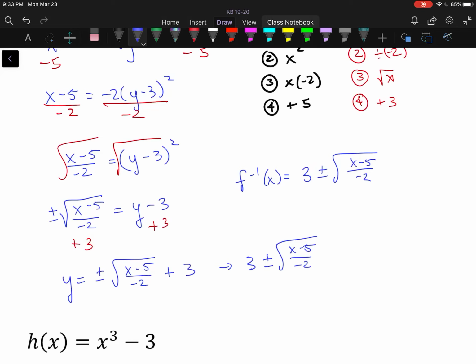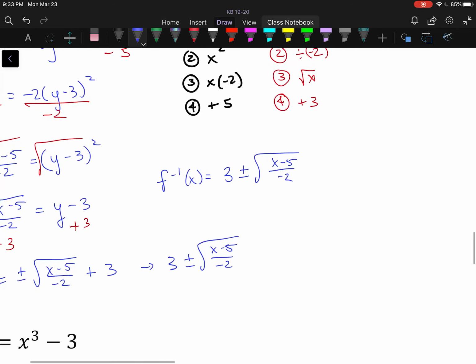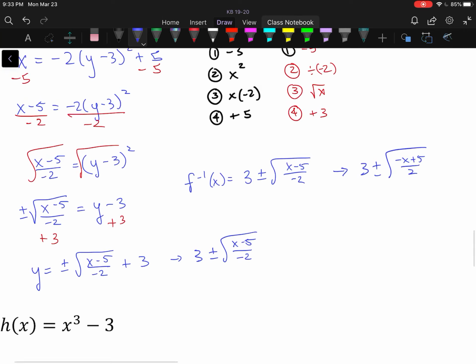And like I said, some people, and I hope to not confuse you on this, if you were looking at an answer key, you may see a negative x plus 5 over a positive 2, just based on if they distributed the move the negative to the top. Either way, the fraction is still negative, okay? But this would be perfectly fine as your answer.